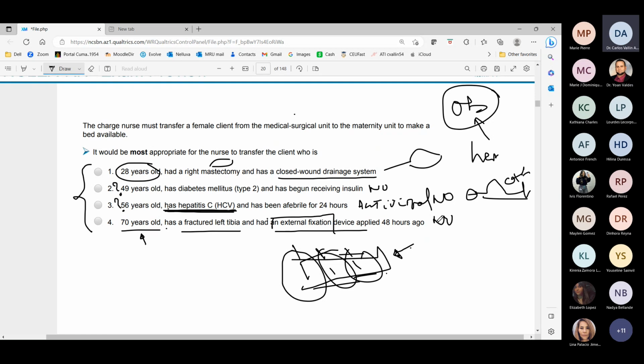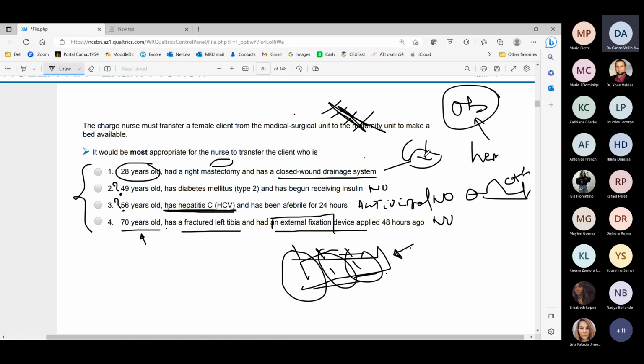I think that the only one an OB nurse can manage is somebody with a wound in the chest, or a Jackson-Pratt drain, because they can do that. Wounds they can do, with C-sections. And the Jackson-Pratt drain could be in a C-section or any kind of surgery like this.